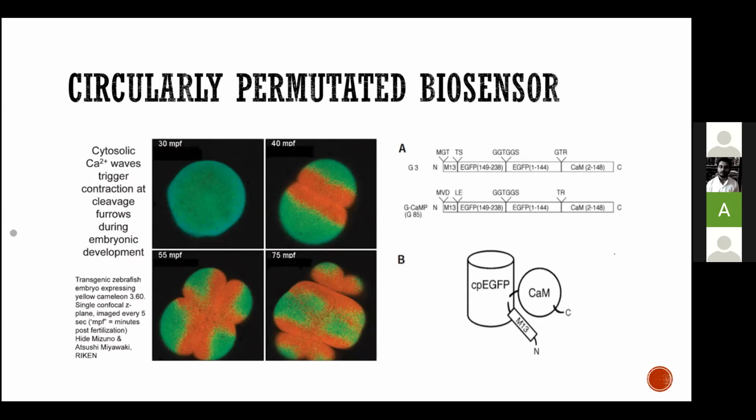So they are putting a linker GTGGS, which is basically connecting your two arms side by side, which is EGFP, and then at the palm you have calmodulin and M13.